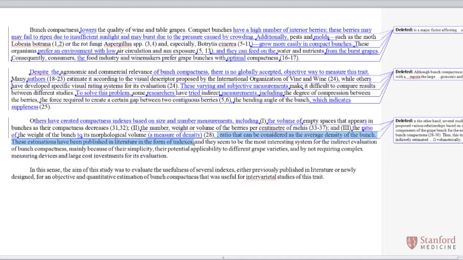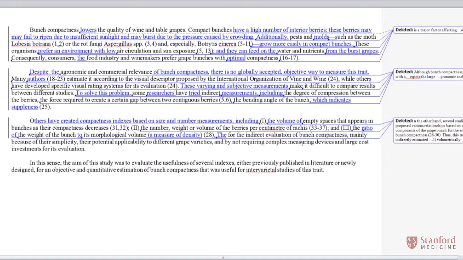The last sentence here goes into the idea that these seem to be the most promising ways of measuring bunch compactness. That's why they're highlighted in this separate paragraph. So what if we say these indexes are promising measures for evaluating bunch compactness. And then the author says why that is. We don't need the mainly here.